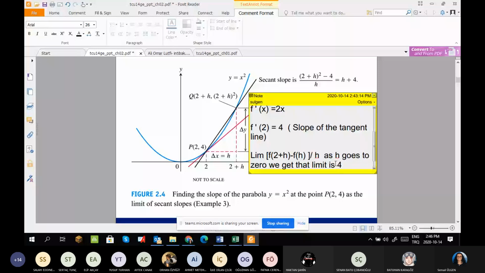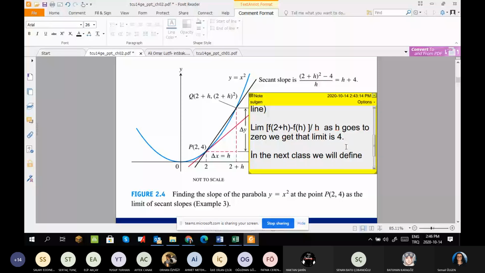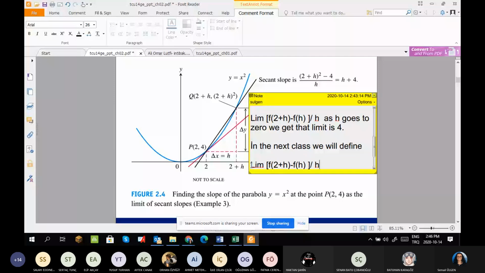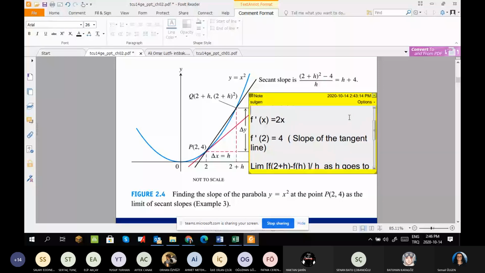Taking this limit is something we will define in the next class. This thing is nothing but f prime at 2. That's the definition we will give in the future.